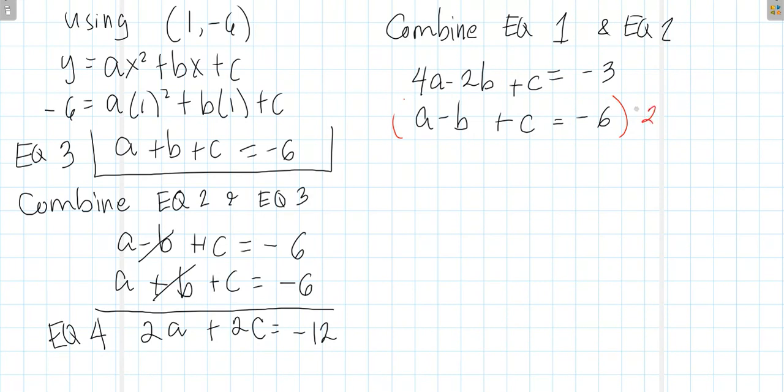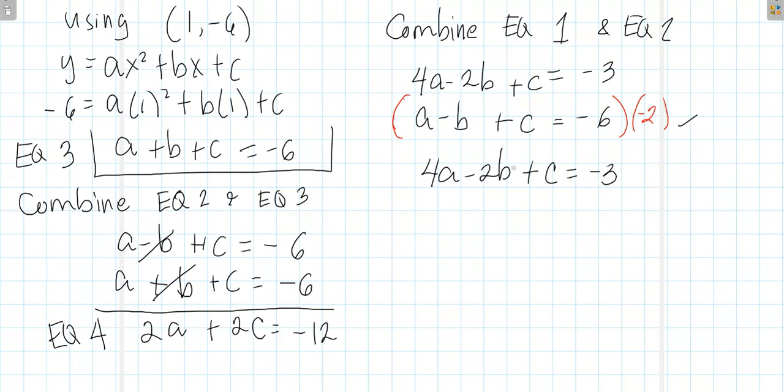So you are going to multiply equation 2 by -2. So we just copy 4a - 2b + c = -3.